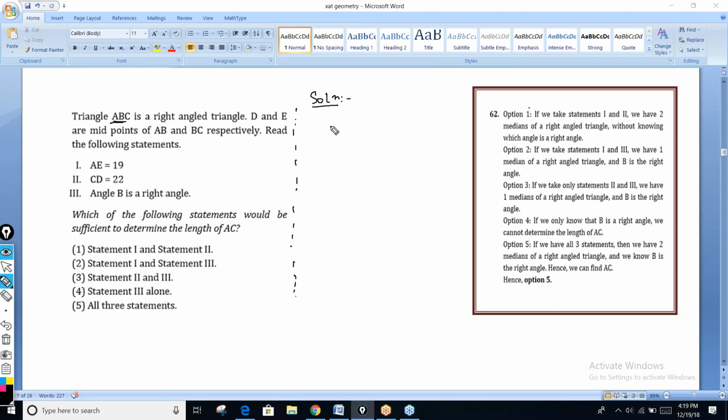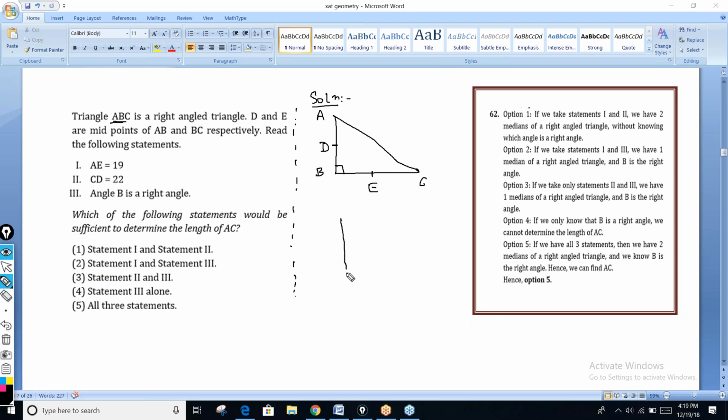So I cannot directly draw ABC as a right angle triangle by taking B as 90 degrees. It can be any point which is 90. So we do not know. D and E are the midpoints of AB and BC respectively. If I draw it like this, D and E are the midpoints.